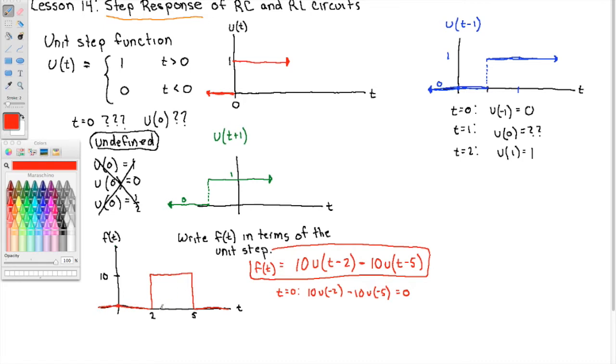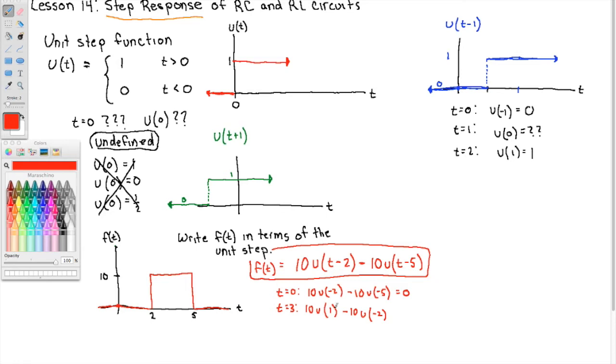Now let's plug in a value of t in this window here. Let's try 3. We have 10 u of 1 minus 10 u of negative 2.